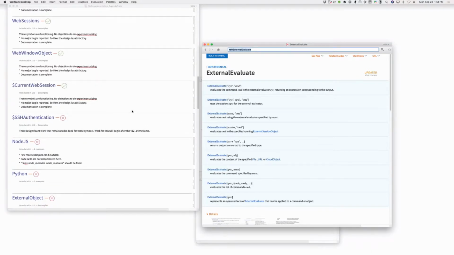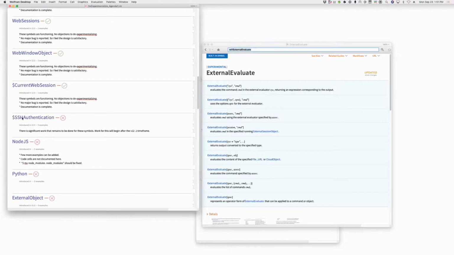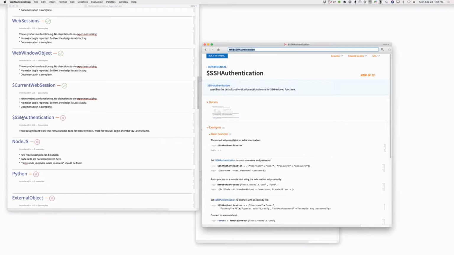Okay. Why is SSH authentication something that is still deeply experimental? What is there that needs to be done here? Can somebody speak to that? Yeah, I'm thinking. Who put it in there?